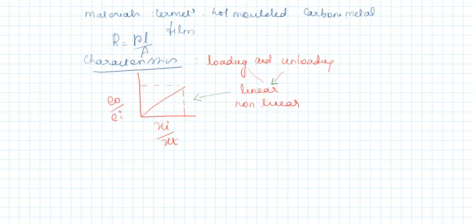But if you are going for loading, what will happen? If the graph goes like this, that means you are not getting a linear relationship. So this is what people call non-linear. Here it is Xi by Xt and here it is E0 by Ei.